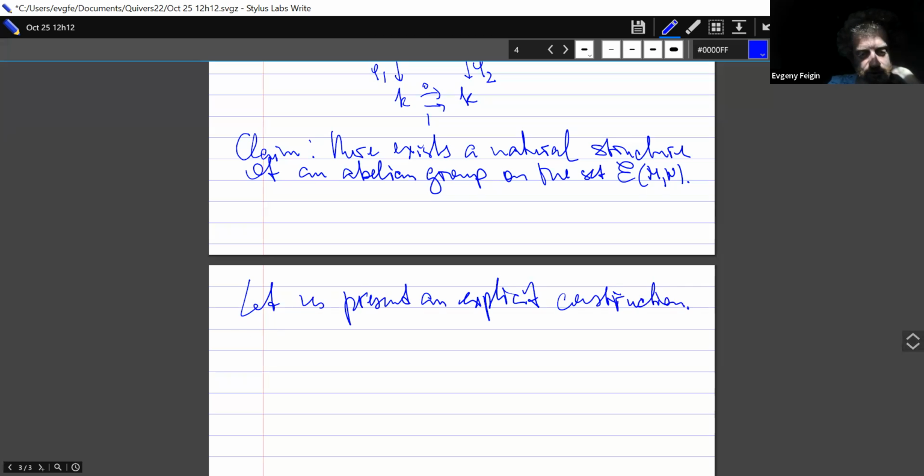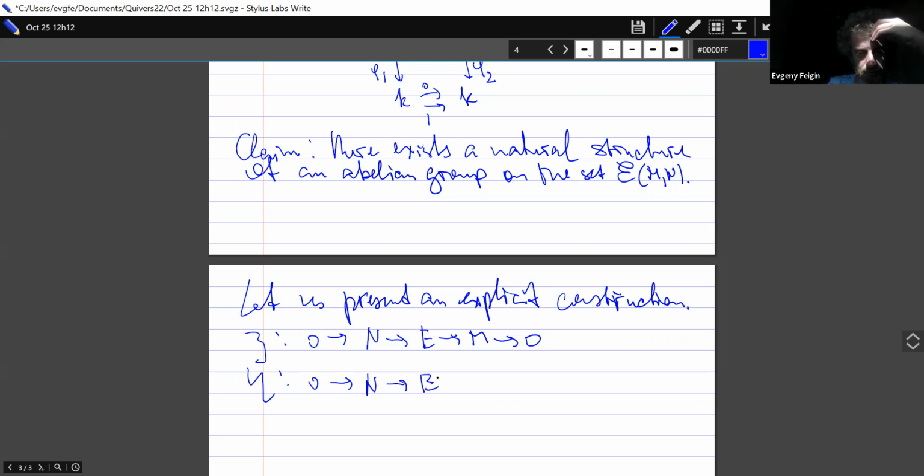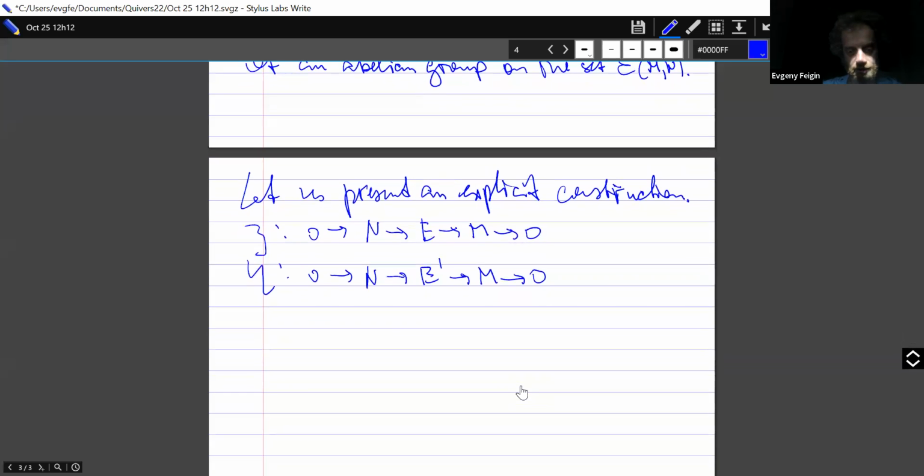Okay, so we're given xi and an eta. So these are two sequences.